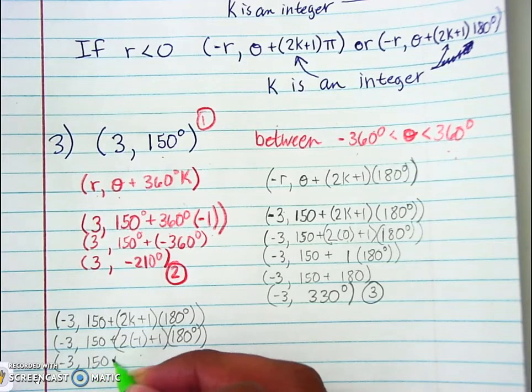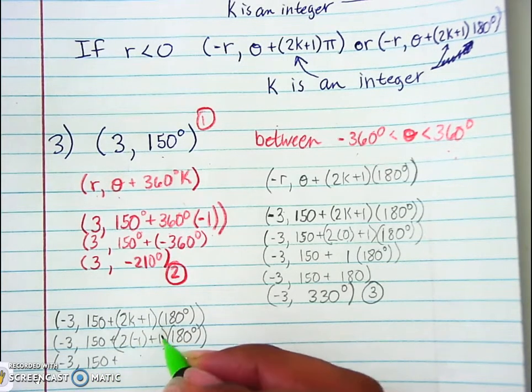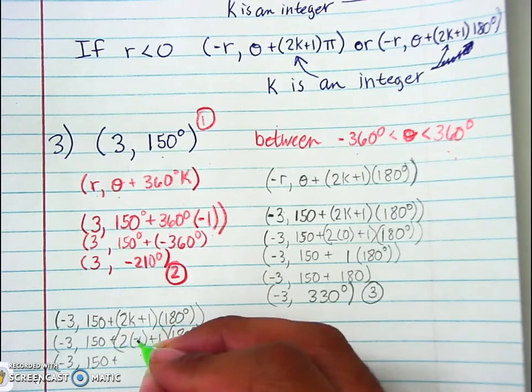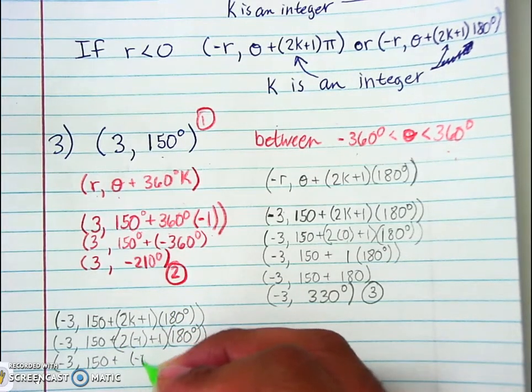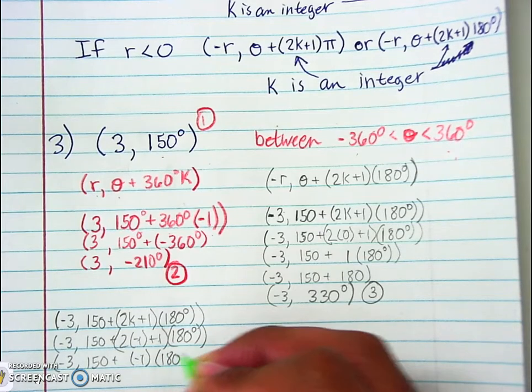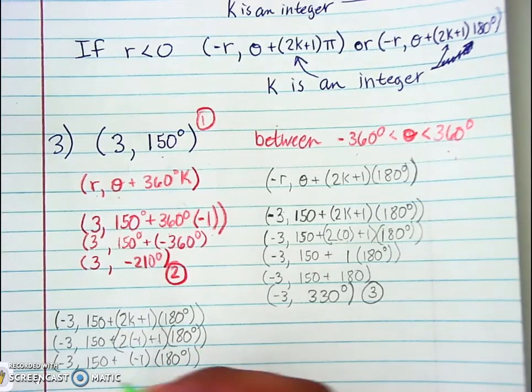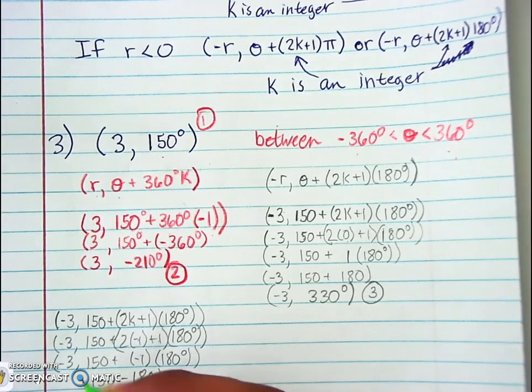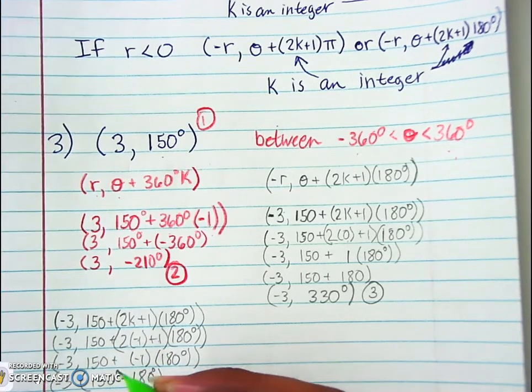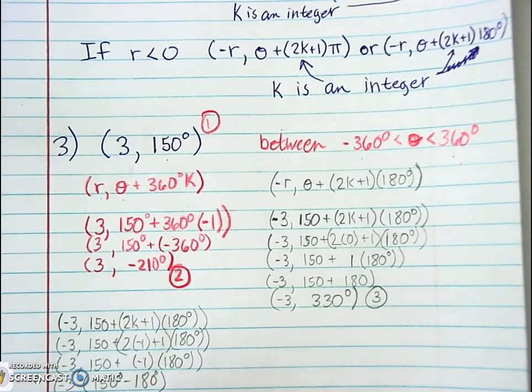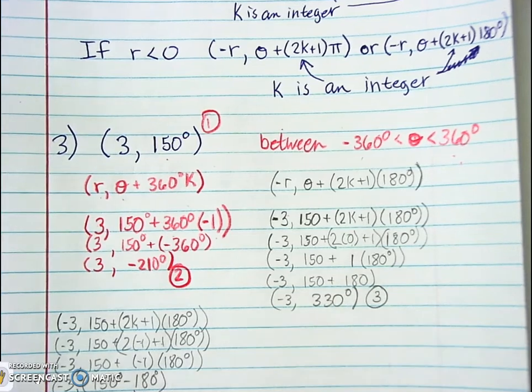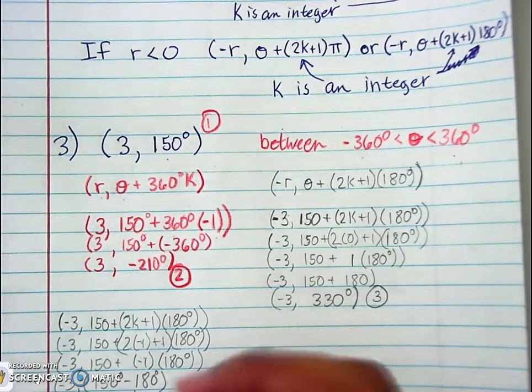That's negative 2 plus 1, which is negative 1, times 180 degrees. So that is 150 minus 180 degrees. And what would that value be? Right, negative 30 degrees. So that is our fourth one.